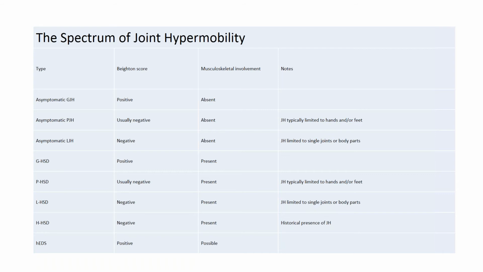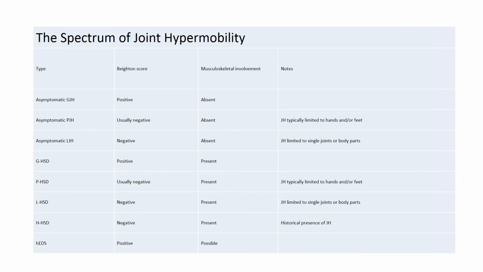And any of those, generalized, peripheral, or limited joint hypermobility, may be asymptomatic. So that's at the extreme mild end of the spectrum of joint hypermobility.